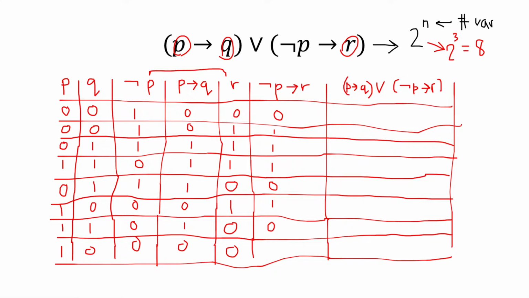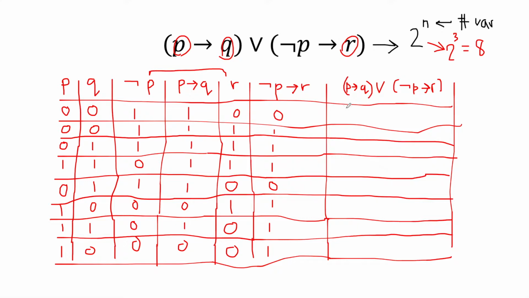Oh, sorry, this is 1. This is 1, this is 1. Okay, and then this one is negation P to R: 0, 1, 1, 1, 0 here, and then here is 1, this one is 1, this one is 1.